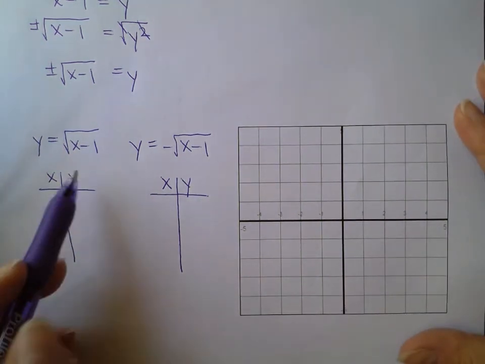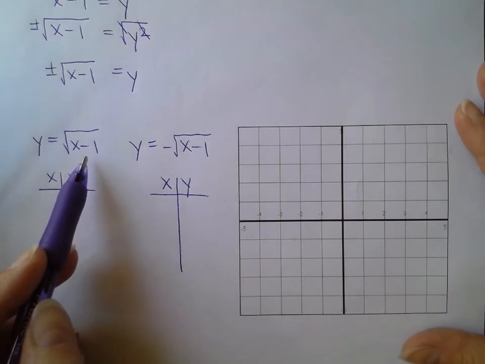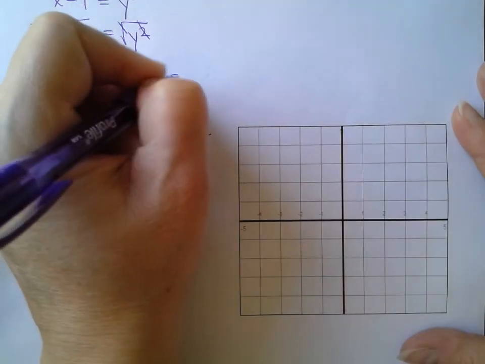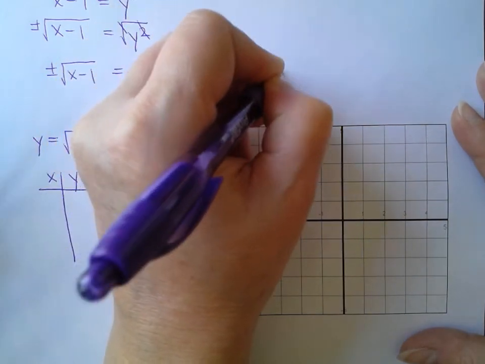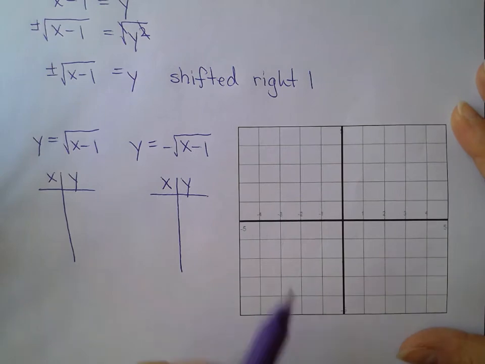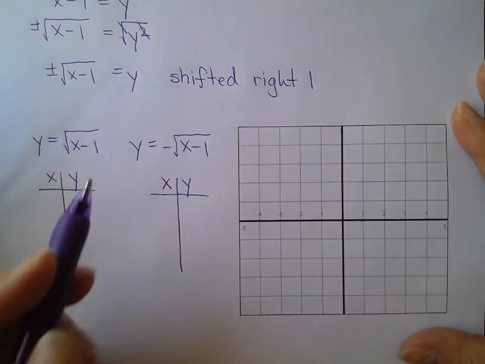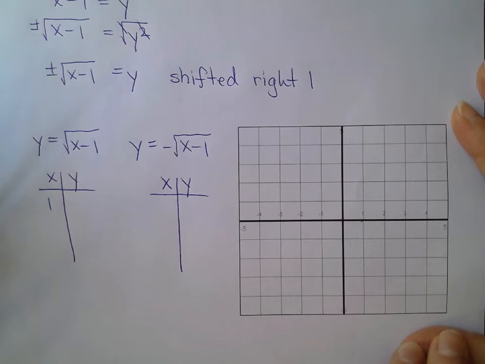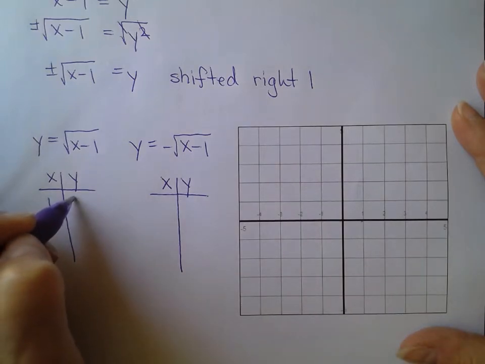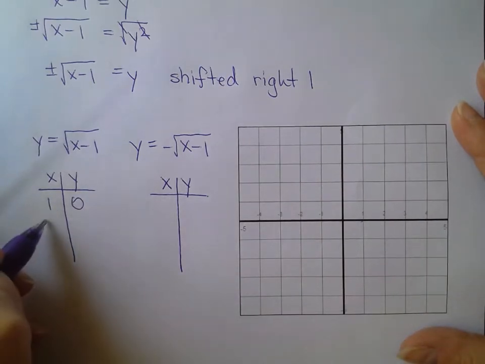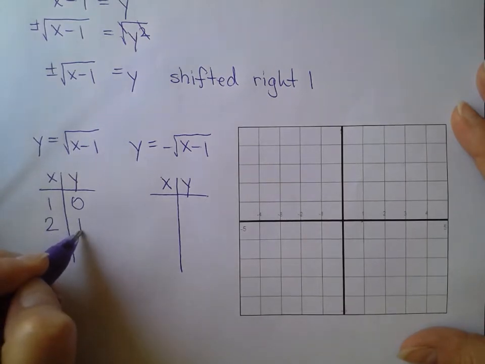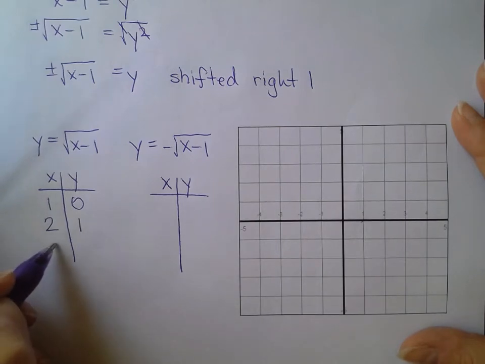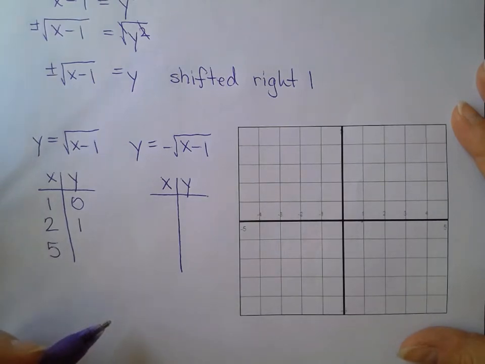All right, so because of the -1, this is shifted to the right by 1, which means the starting point is no longer at 0, 0. It's going to be moved to the right by 1. So 1 would make a really good starting point because 1 minus 1 is 0, and the square root of 0 is 0. 2 would make a good one because 2 minus 1 is 1, and that's a perfect square. 5 would make a good next point because 5 minus 1 is 4, and 4 is a perfect square.